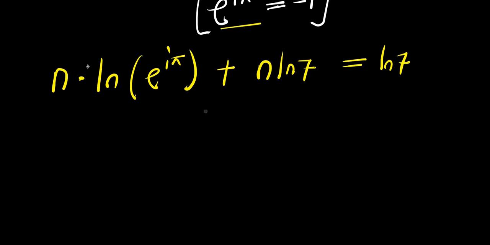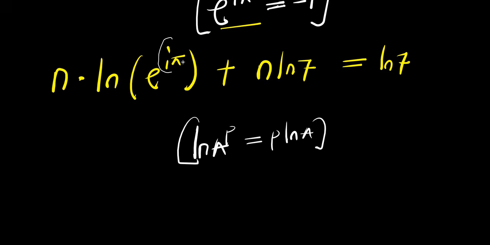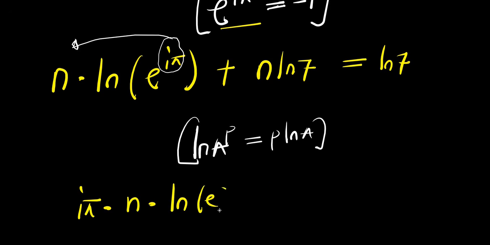Then from here, we go back to the same identity. Remember, natural log a to the power p equals p times natural log a, so iπ comes behind this. I will simply have iπ times n times natural log e plus n times natural log 7 equals natural log 7.